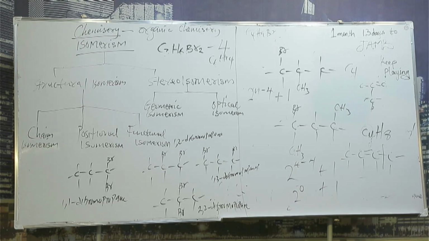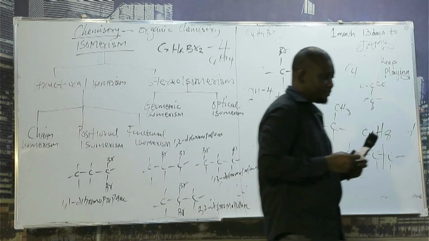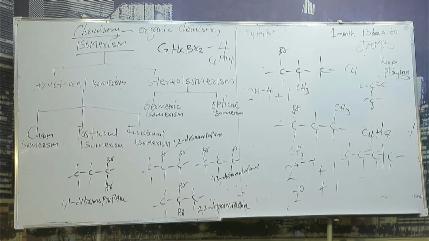Why did you say that this is chain? Why is it position isomer? Explain. Why did you say this one is this one, this one is this one?